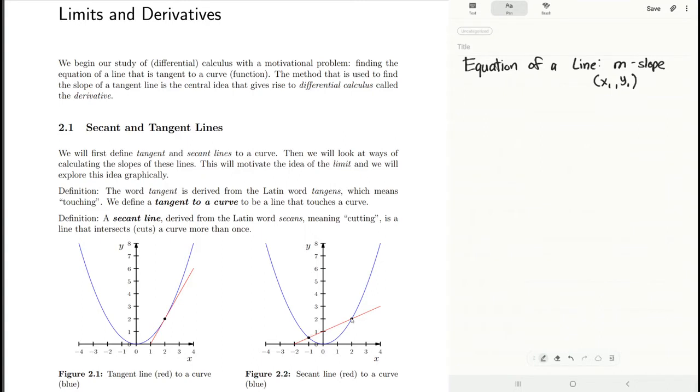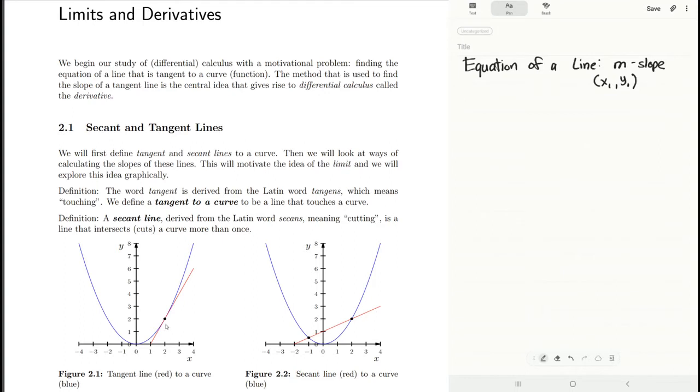So these 2 points are also on the curve, so we are able to determine what the x and y coordinates of these 2 points are, and we can use the slope formula for these 2 points, and this will give us the slope of the line. So now we also know at least one of the points which lies on the line, so we can use either of these 2 points, and this will give us enough information to determine the equation of the secant line.